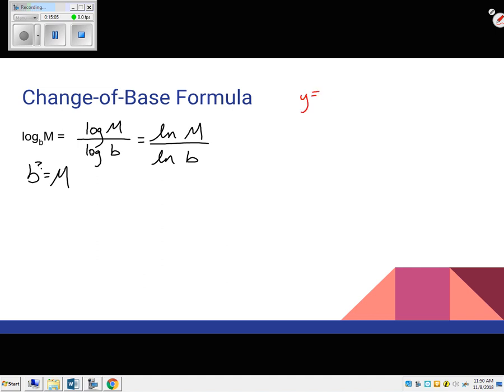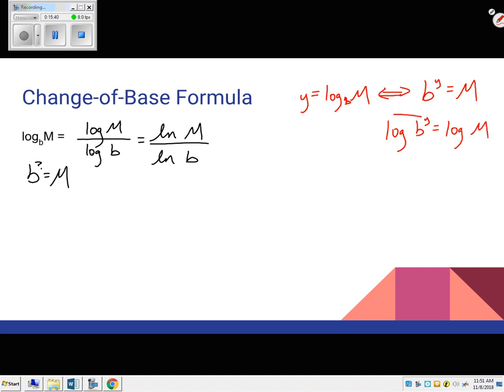Because now I know that log base a of m, this is true if and only if, by definition, I'm going to change this to a b, b to the y is equal to m. What we did in the introduction to logarithms was we switched it from logarithmic form to exponential form and exponential form to logarithmic form. And just like everything else in algebra, if I add 7 to one side, I have to add 7 to the other. If I take a log of one side, we're going to see this next week, I have to take log of the other.